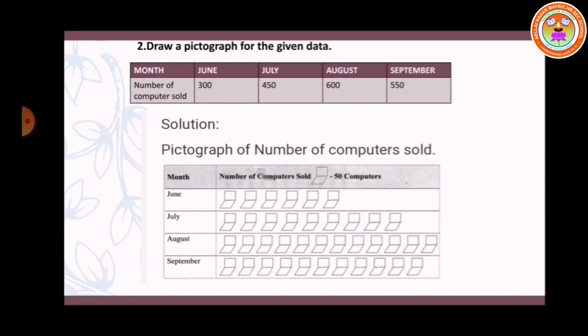So you have to draw 12 computers. In September, how many computers have been sold? 550. So 550 divided by 50 is equal to 11. So you have to draw 11 computers. Okay, children. Finally, we get a pictograph.